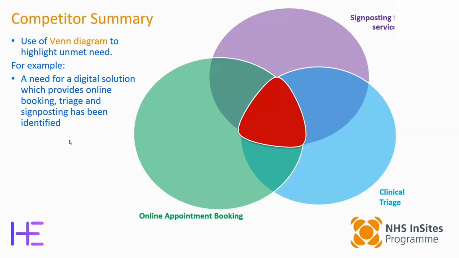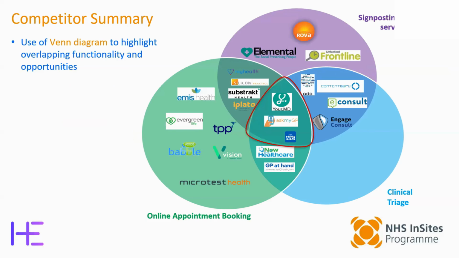So a digital solution that not only provides online appointment booking, but also clinical triage, as well as the opportunity to signpost to other services. Once you've collected your data, you're able to map the competing products that you found, see where they lie within that Venn diagram, and then you know that there are potentially 3 opportunities in that sweet spot that you're looking for.